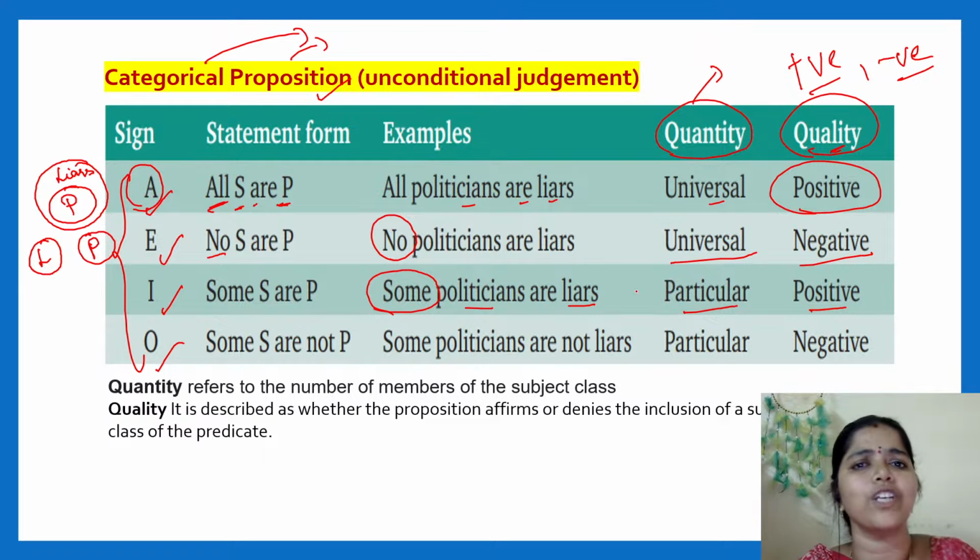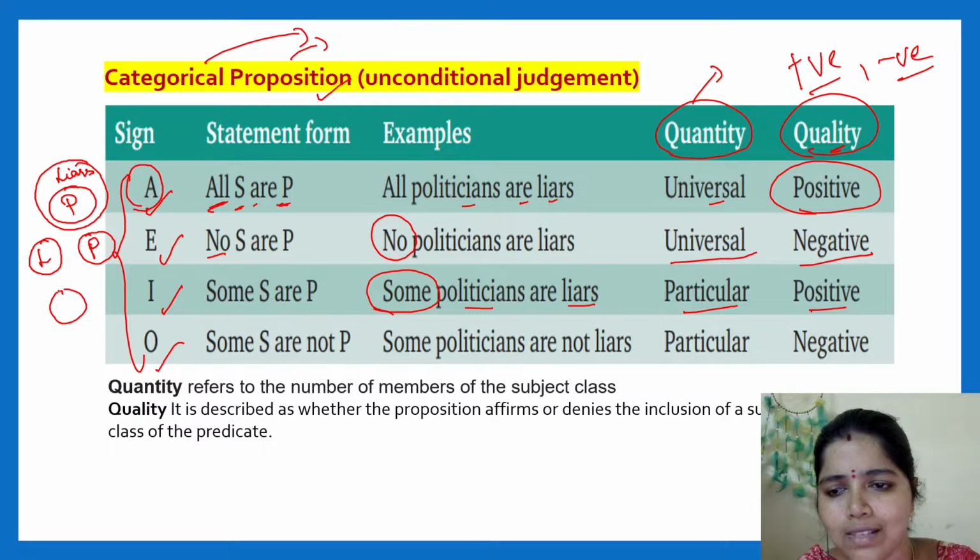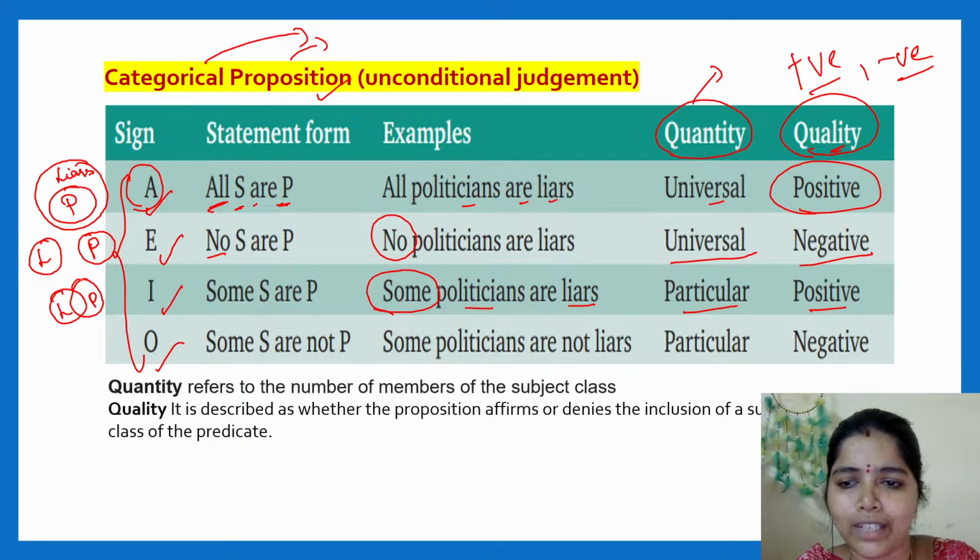Because some politicians are liars. That's all. I will be representing it in this way: liars, politicians. For some politicians are liars, I will be using this area. This area I will be taking. This one.